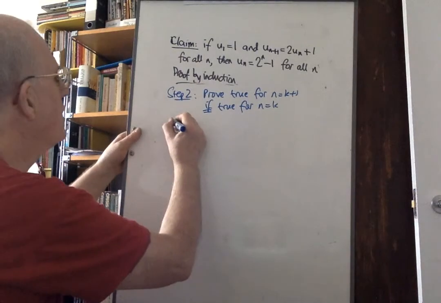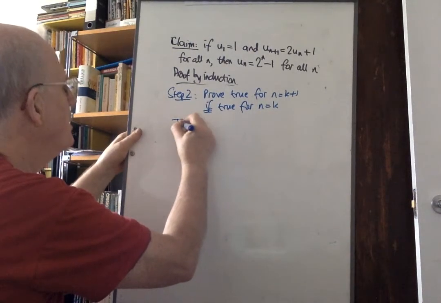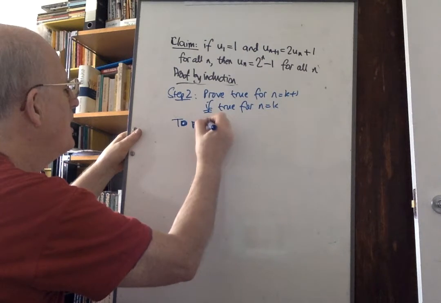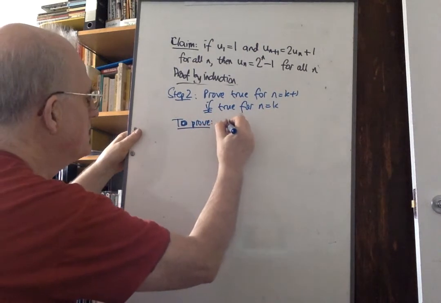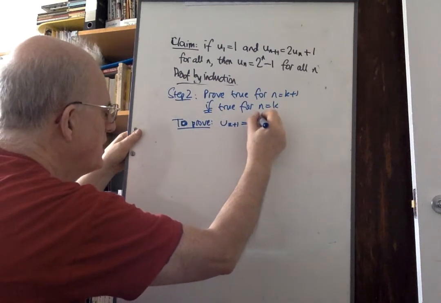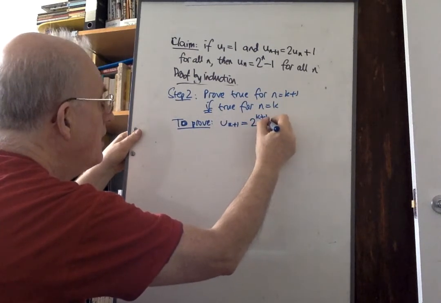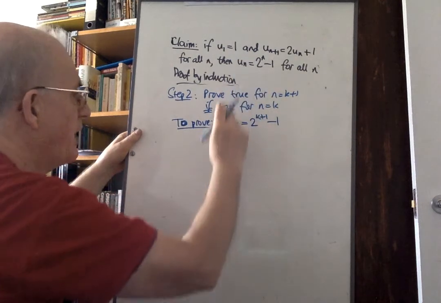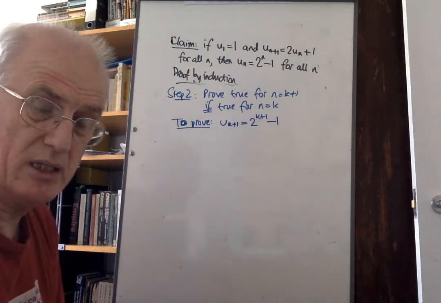Right, so what we've got to prove in step 2 is that u(k+1) is equal to 2 to the k plus 1 minus 1. It's this claim with k plus 1 plugged in instead of n.